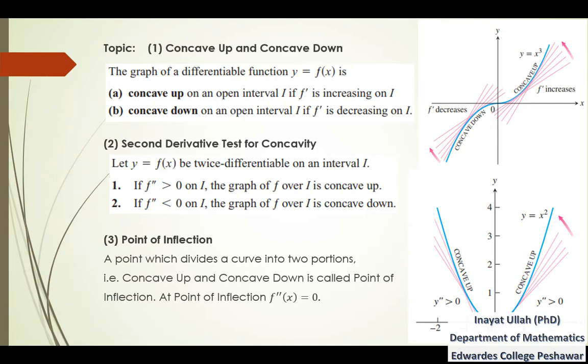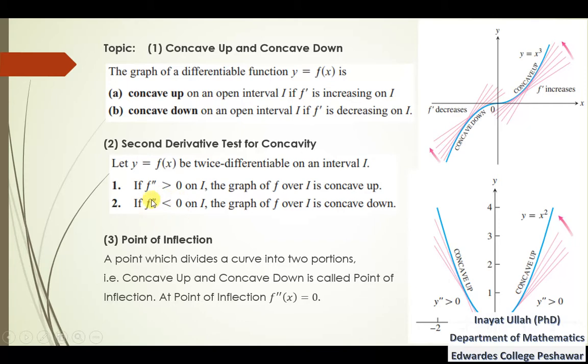Now here f prime is itself a function, so whenever f prime is decreasing, its derivative will be less than 0, negative. The derivative of f prime is actually f double prime. So for a concave down portion, f double prime will be less than 0.